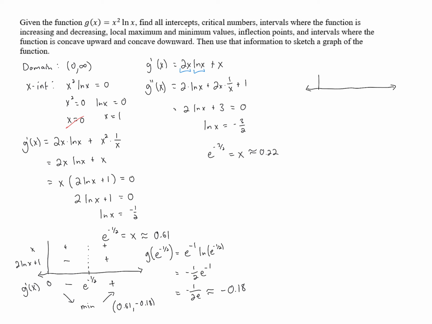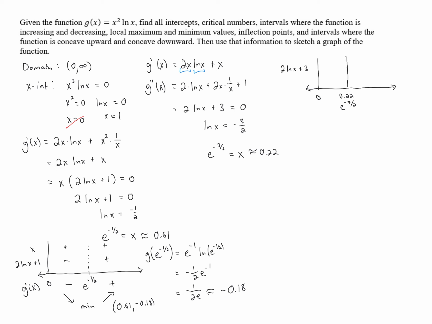All right, so we are going to need a sign chart to figure out when this is positive and negative. Again, the domain starts at 0, and then we've got our e to the negative 3/2 at 0.22. And let's see, what is our factor? 2 ln of x plus 3.